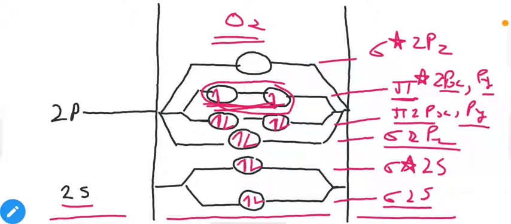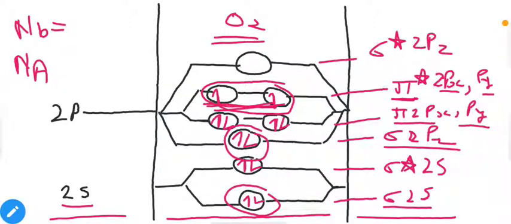Now let us find the total number of bonding electrons and antibonding electrons. As bonding electrons, 2 electrons will be in the 1s sigma orbital, then 2 electrons here, 2 here, and 4 here. So in total we have 10 bonding electrons. And now let us count the total number of antibonding electrons. In the 1s sigma star orbital, we have 2 electrons, and later we have 2 electrons here and 2 electrons here.